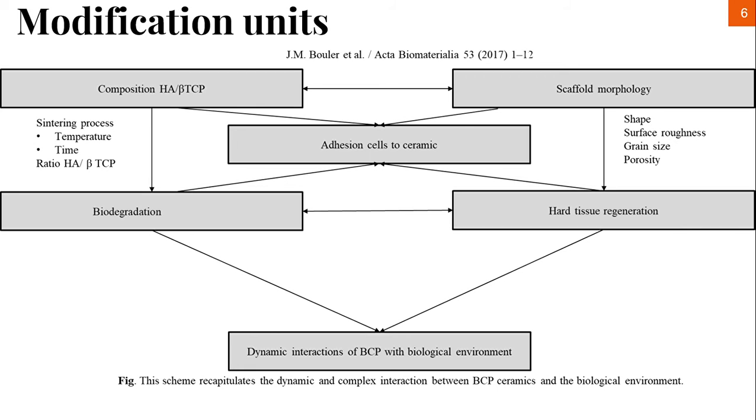This also affects the scaffold morphology, such as shape, surface roughness, tensile strength, or porosity. All of these help cells adhere to the material to facilitate the healing process, creating a dynamic interaction of BCP with the biological environment and hard tissue regeneration.